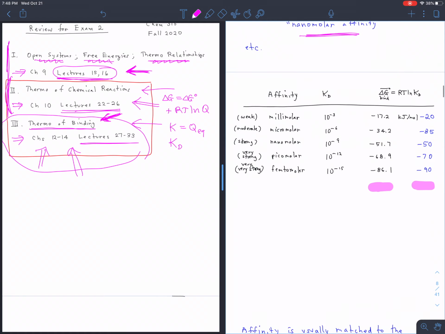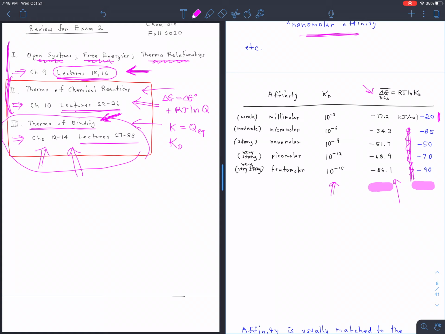We saw that for each of these values of Kd, there's a corresponding delta G of binding, which falls in this range. These are the true values, but these are the ones that are close, and for rules of thumb, these are the values you usually use.